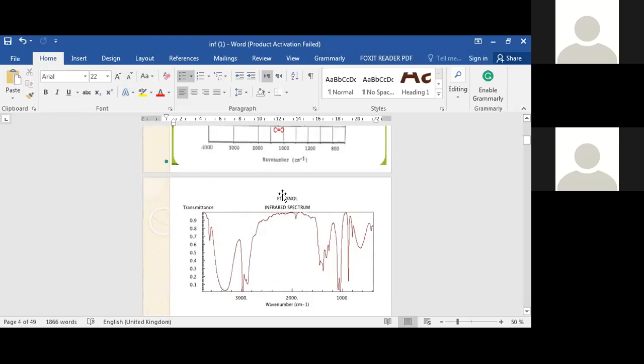Ethanol hasn't another functional group except the hydroxyl, which appears in this area. It has CH3 and CH2, and those bonds can be seen in the fingerprint area here, down around 1,000 centimeter -1.